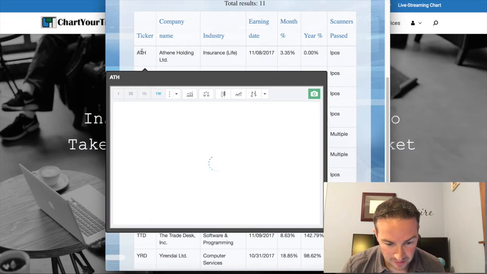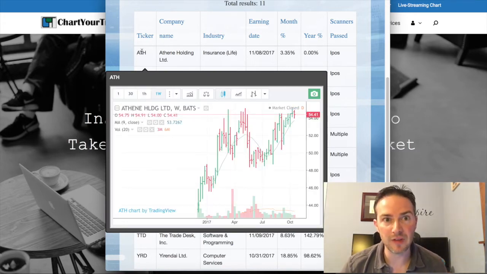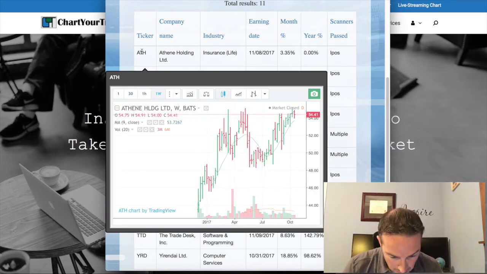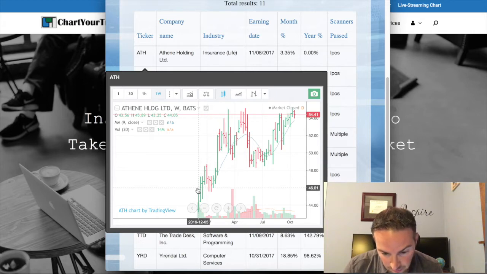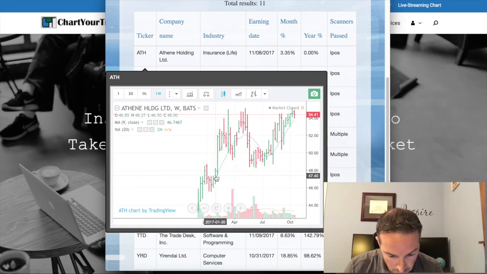So the first one is Athene Holding. The ticker symbol is ATH. This is one that IPO'd in December of 2016, and so far so good. It ran up. It formed a little bit of a base back in January. Could have gotten in at an early entry back at around 47.50.